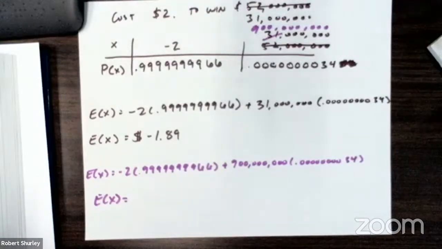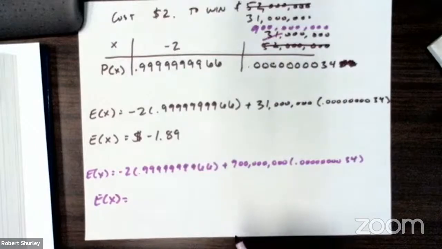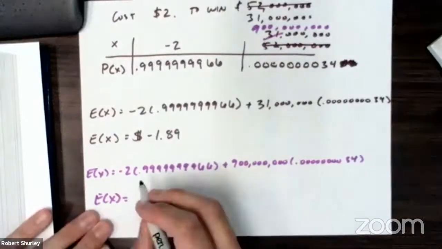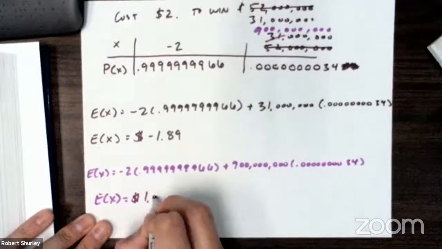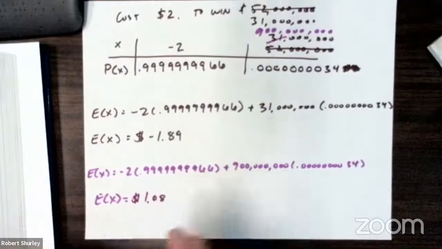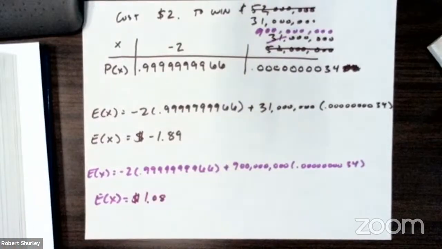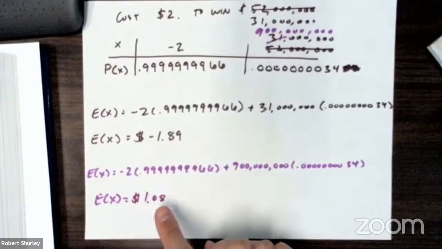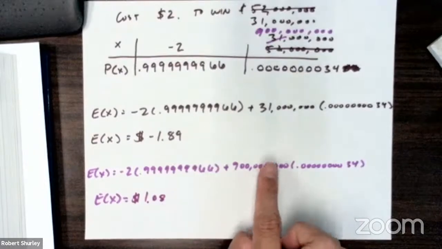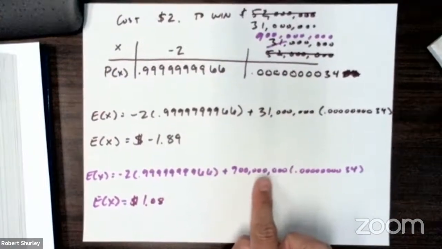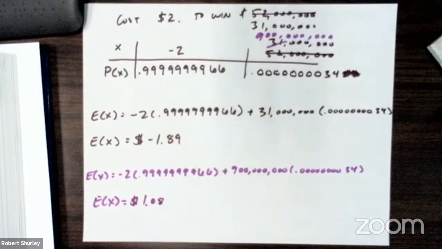Okay, I think I've got this right. I get back $1.08. Notice it's a positive number. So because this jackpot is that high, you should play the dang game.